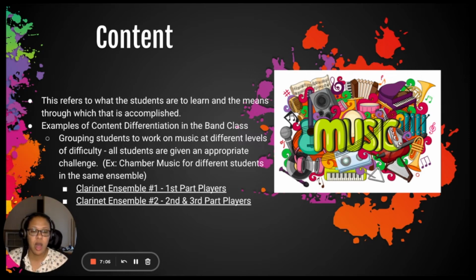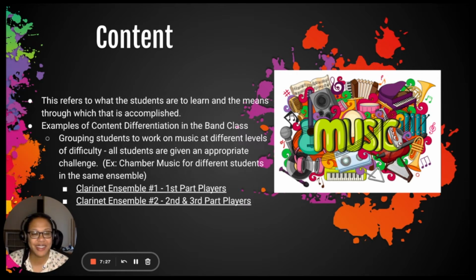And so we can listen to our clarinet ensemble one, and then we'll move on to our clarinet ensemble two, and listen to both of those ensembles play. And I think you'll enjoy it. It is really a work in progress.